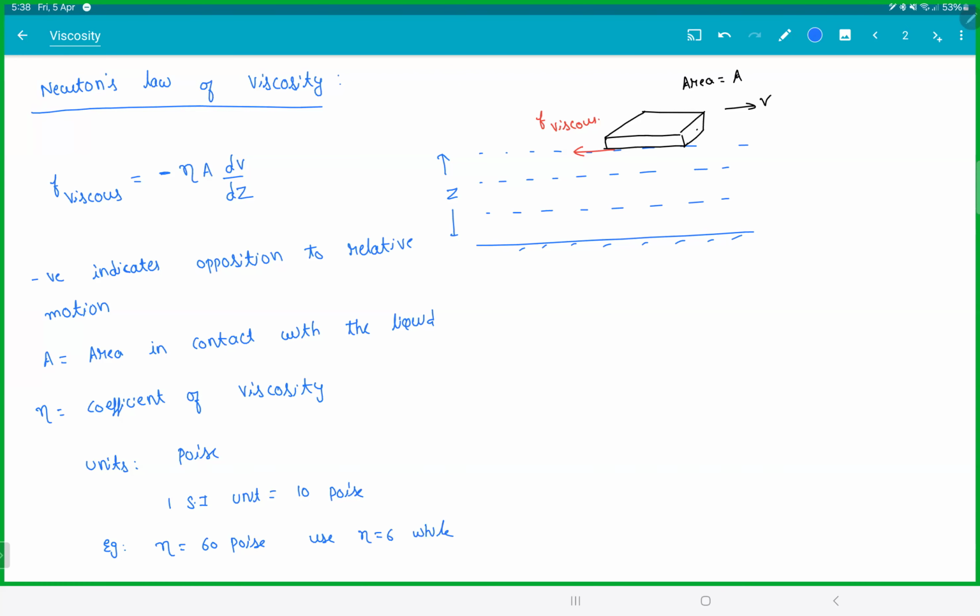If you put 60, you'll get wrong answers. So 10 poise is 1 SI unit. I don't know why they didn't change that. They could have kept it better, but yeah. Basically poise is a CGS unit.